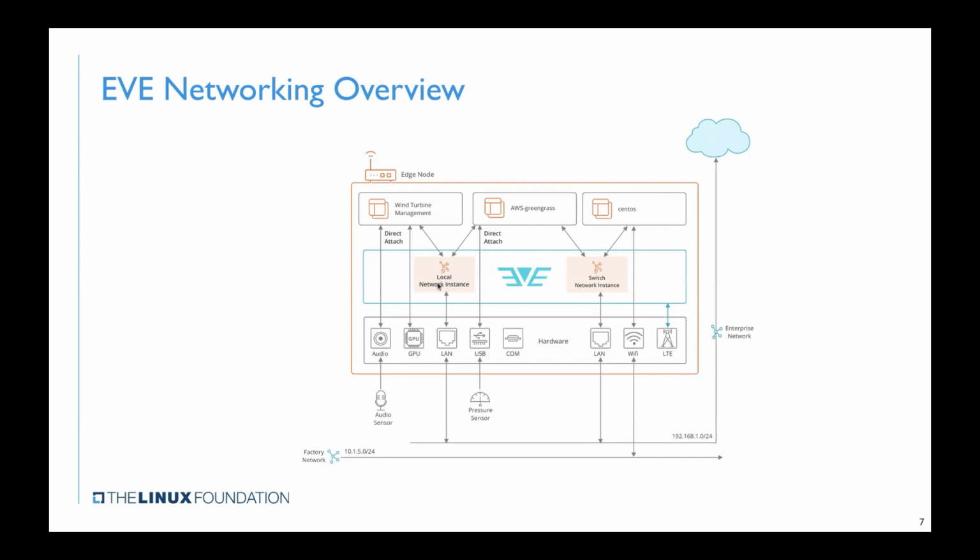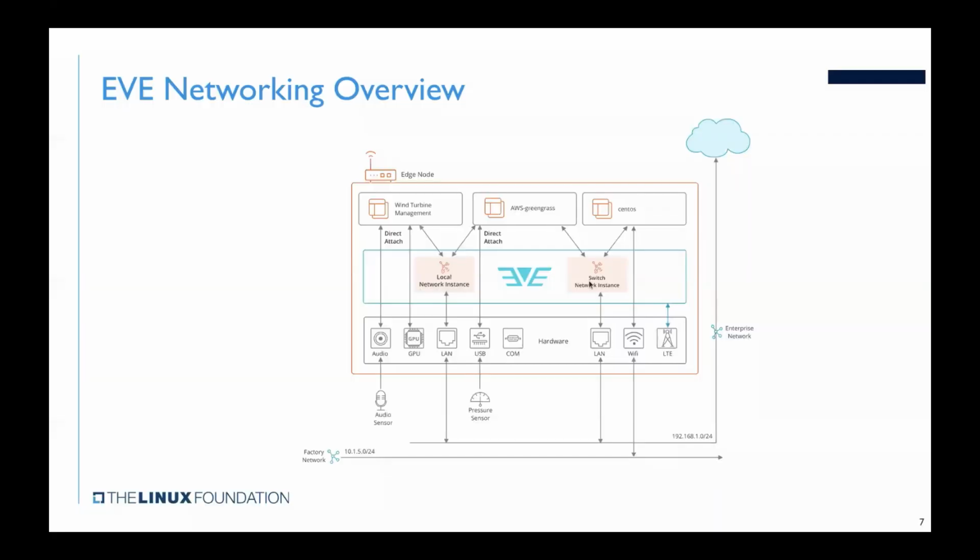I will describe this in more detail in a minute. And there is another network instance. So there are like two virtual switches running inside the device. And they provide connectivity between applications, but also between applications and external endpoints. So there is an association between a network instance and a physical network adapter.